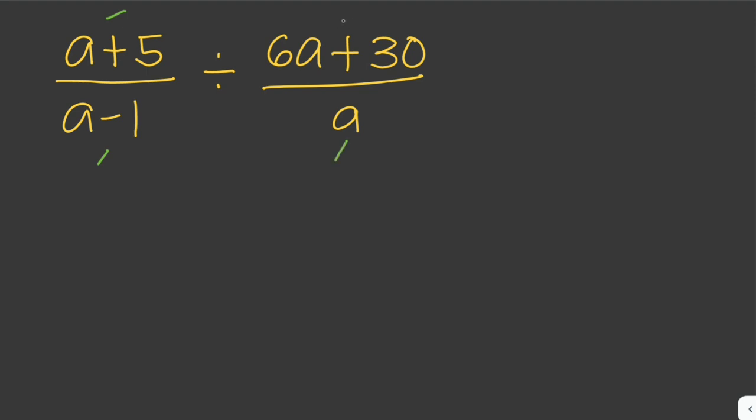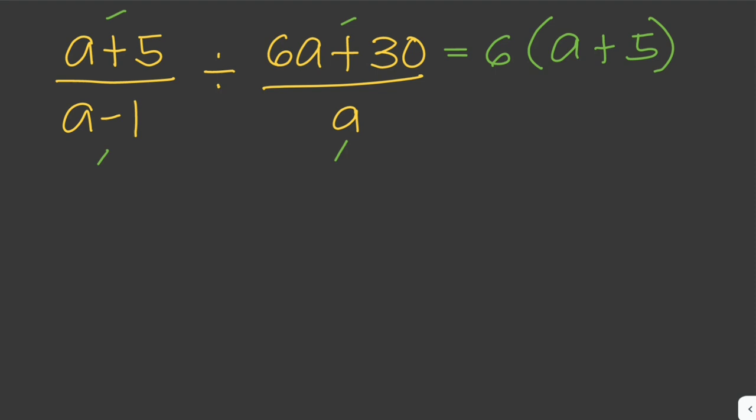But we can simplify 6a plus 30. We can factor out 6, so 6a plus 30 can be written as 6 times a plus 5.